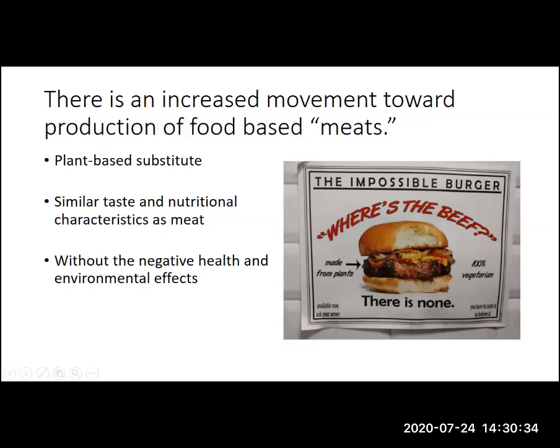The idea is that you take plant proteins and produce something that has the same taste and the same nutritional characteristics as animal-based meat, but without the negative health and environmental effects associated with it. With the idea being that if we're able to use plant-based meats instead of animal-based meats, we'd have much less of an environmental impact, and it would be much more efficient.